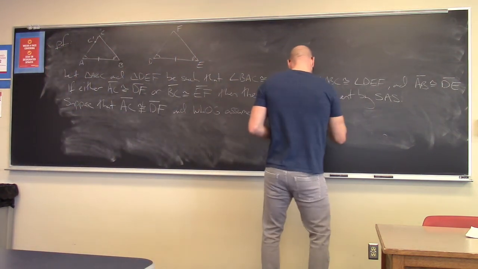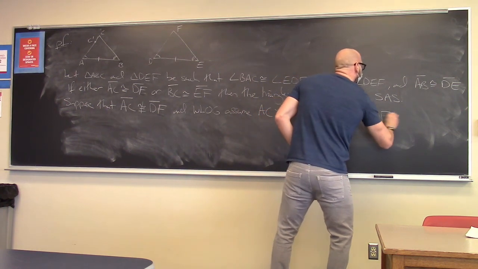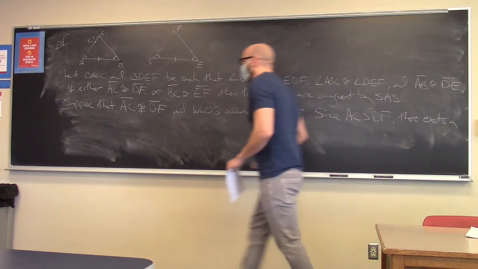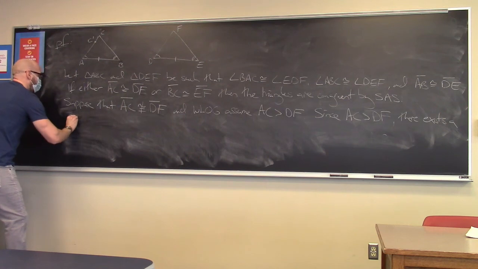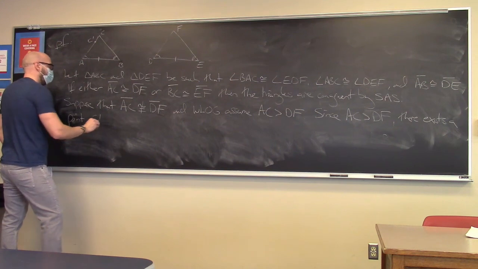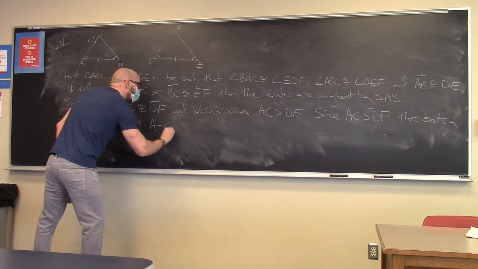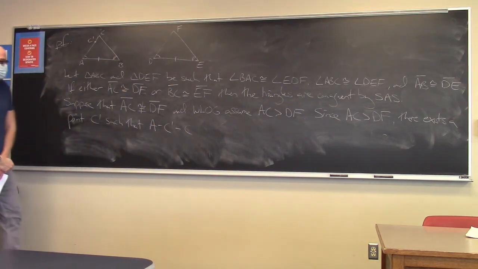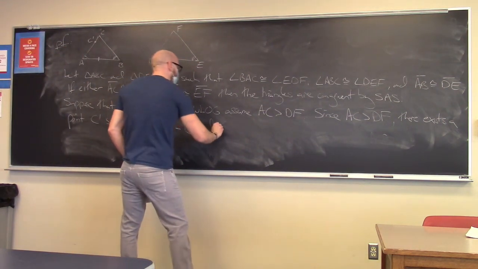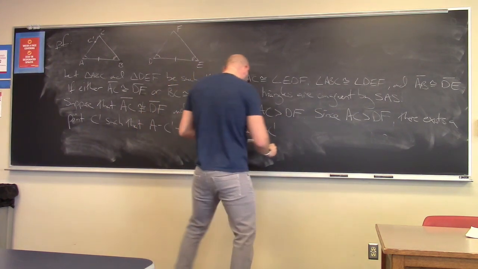Alright, so since AC is bigger than DF, there exists a point C prime such that C prime is between A and C and collinear with them, and such that AC prime is congruent to DF.